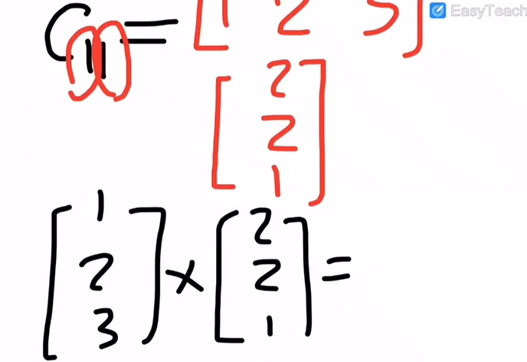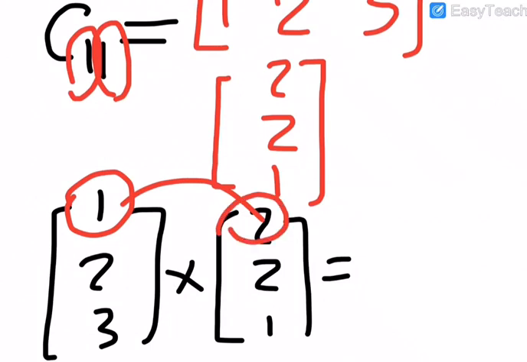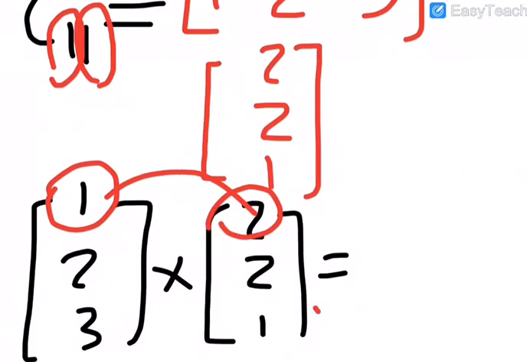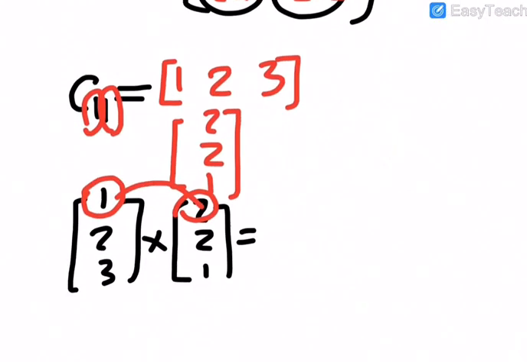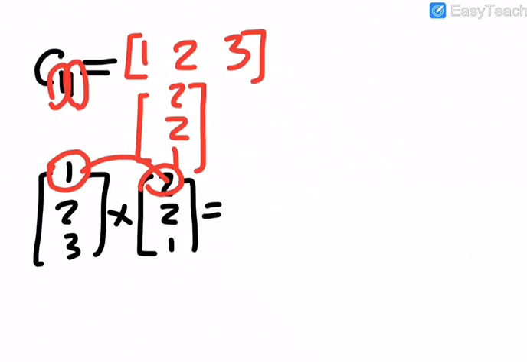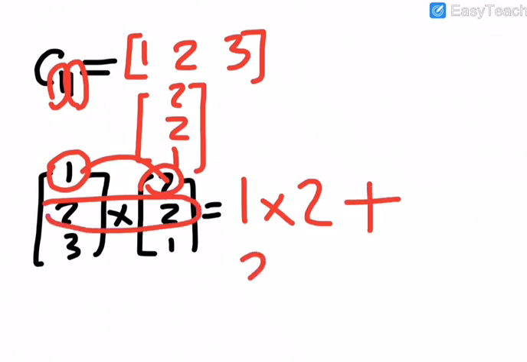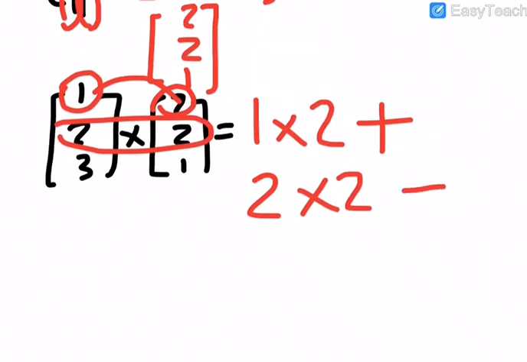We say 1 times 2, and then 2 times 2, plus 2 times 2, plus the last one, 3 times 1.